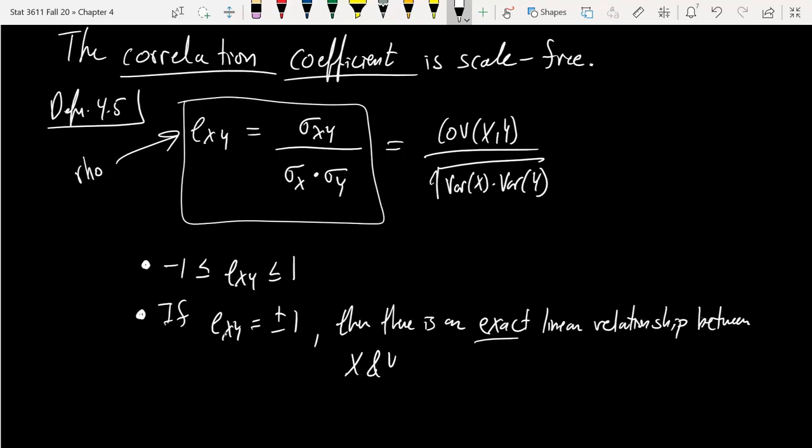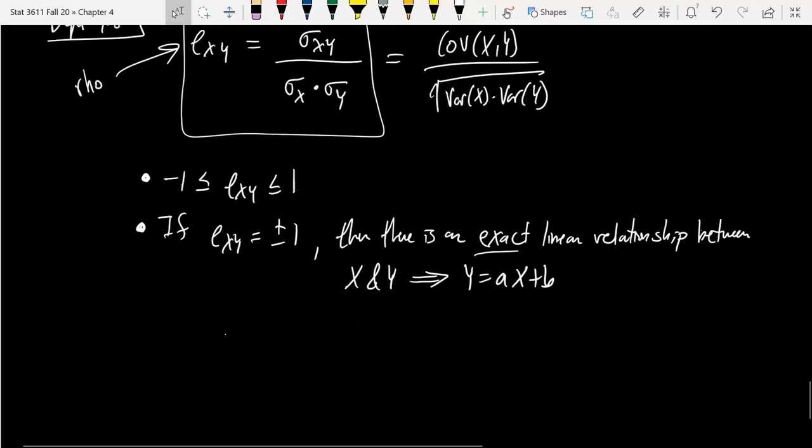What I mean by that is y is equal to some linear function of x. Y is equal to ax plus b if your correlation coefficient is equal to 1, right? Okay, that's what that is. So that's kind of interesting.